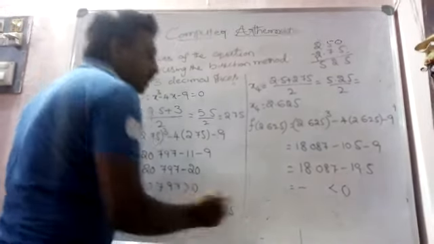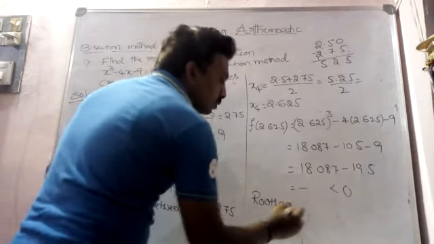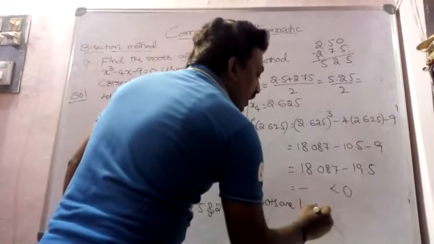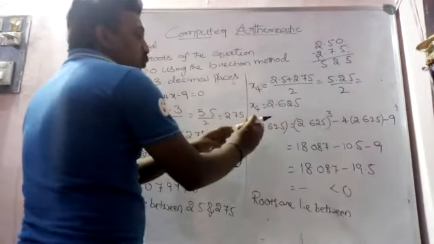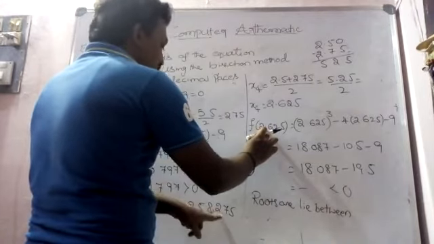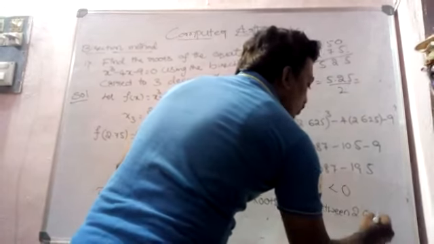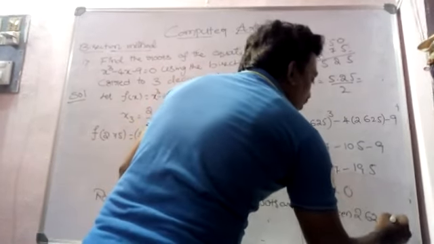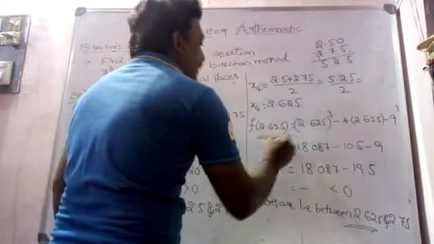Now the roots lie between this 2.625 and the number above it. What is the number above 2.625? 2.75. So 2.625 and 2.75, up to 3 decimal places.